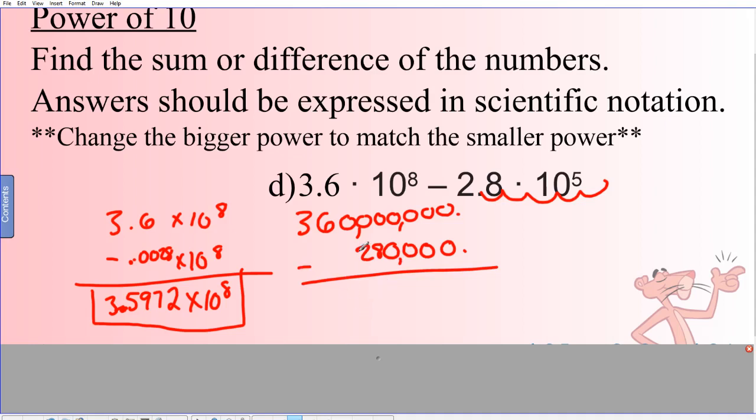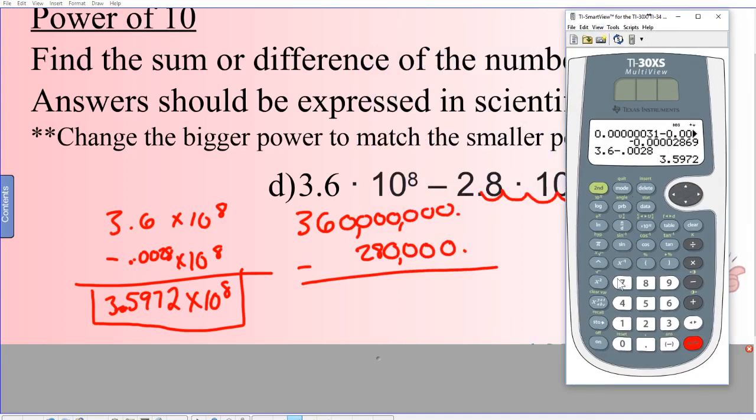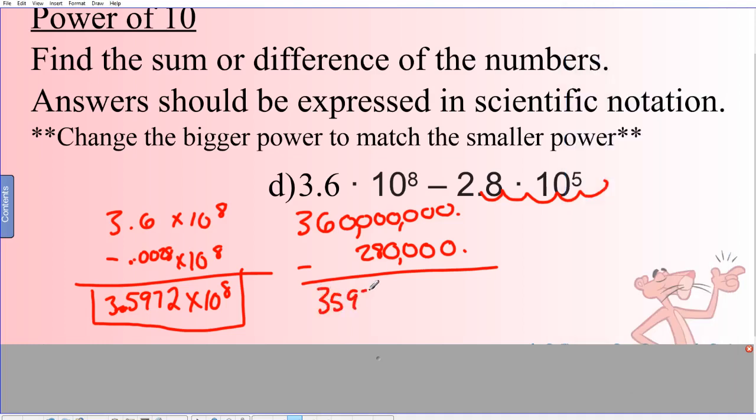And now when you subtract, you have this number minus this number. If you type that into the calculator, you're probably going to get 35972 with 4 zeros after it.